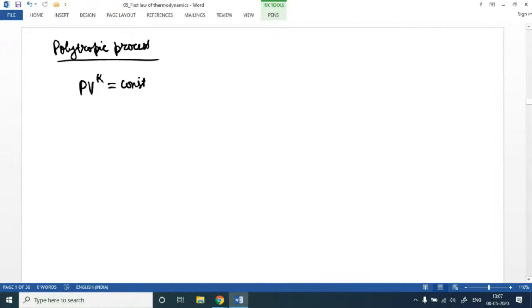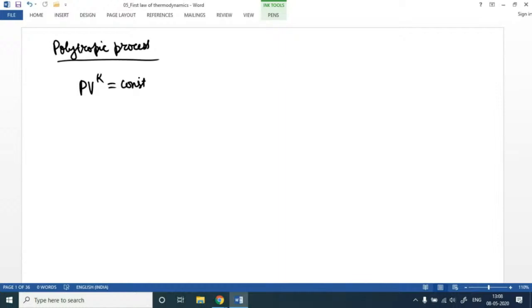K could be a positive quantity, a negative quantity, a fraction, whatever you wish. It should not be equal to 0, because in that case P is equal to constant, which becomes an isobaric process. If K is equal to 1, PV is equal to constant, which becomes an isothermal process. So we are leaving those cases.